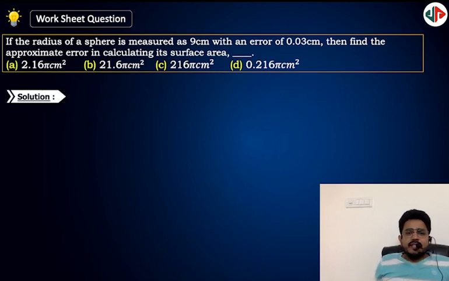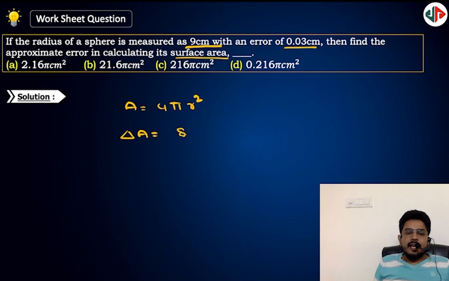If the radius of a sphere is measured as 9 centimeters, error is this one, then approximate error in calculating the area. Area is equal to 4 pi r square. Change in A is equal to 8 pi r into change in r.